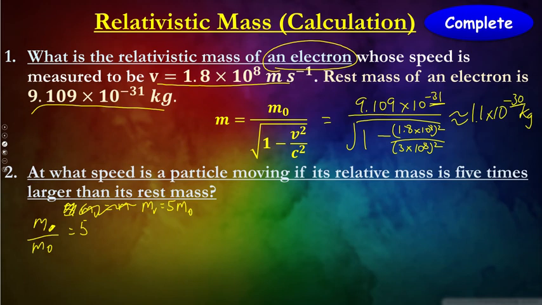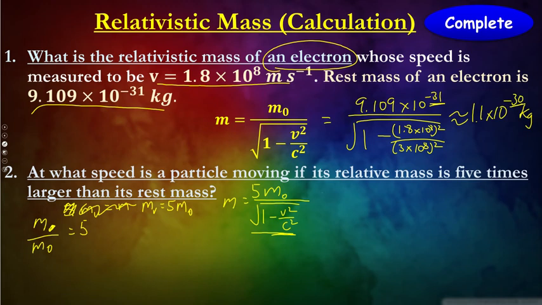Okay, so I'm going to use the equation above and try to find a value for the speed. So I'll just rewrite that equation here. I'm going to write 5 in front of m0 to represent that it's 5 times as much. I want to find the overall speed, so I'm going to move this equation over. I'm doing it in a slightly different color just so you can see where the working out is coming from.